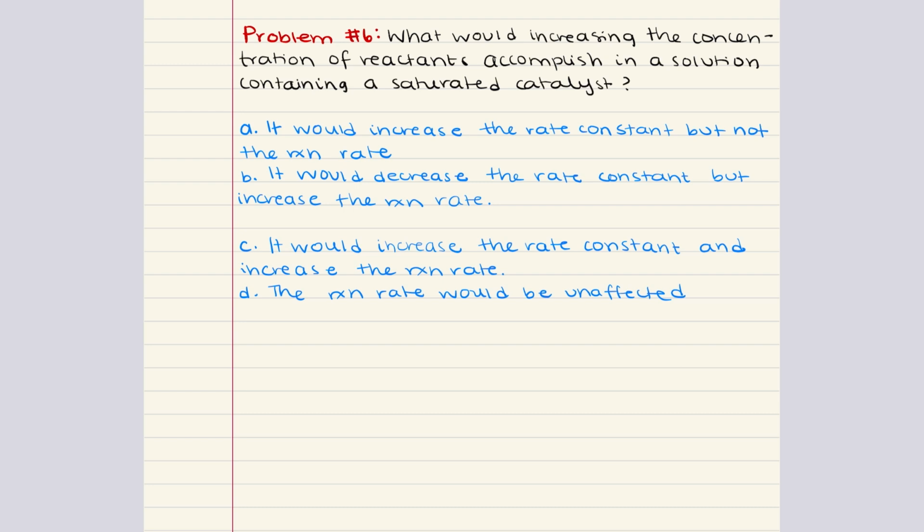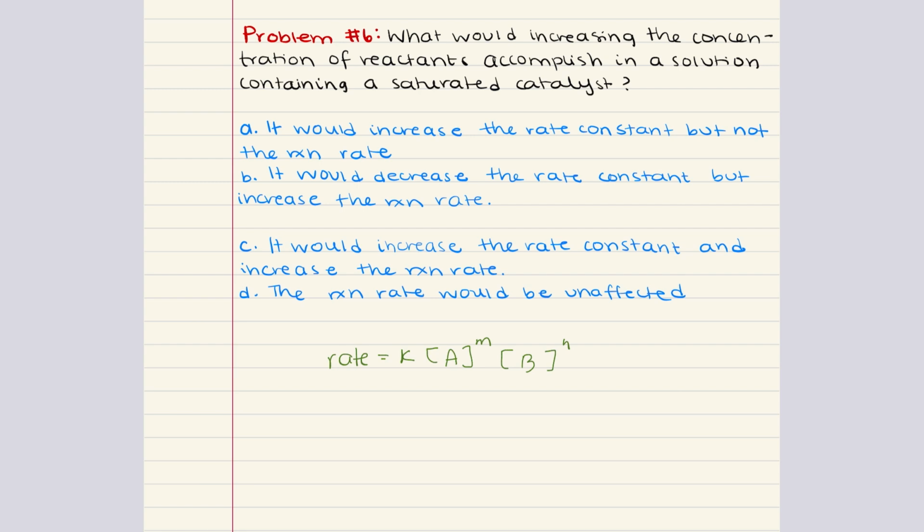The reaction rate depends on the concentrations of the reactants and the rate constant, typically expressed as rate equals k multiplied by the concentration of reactant A to some power m, multiplied by the concentration of reactant B to some power n, where m and n are the orders of the reaction with respect to each reactant.